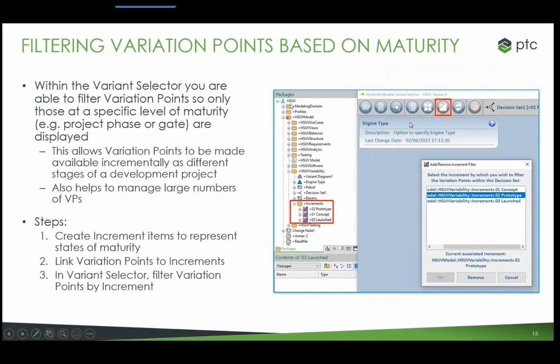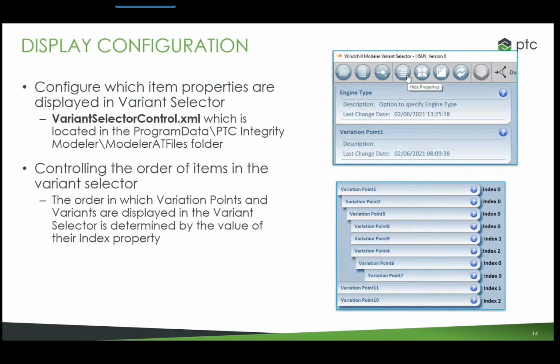We can filter the variation points on maturity. So we can have some of those options visible and some of them hidden. It's quite nice. We can order them. So we present them in a logical order. That makes the choices easier.